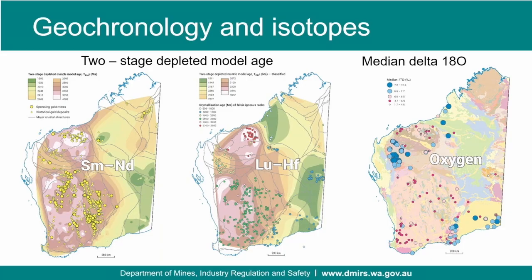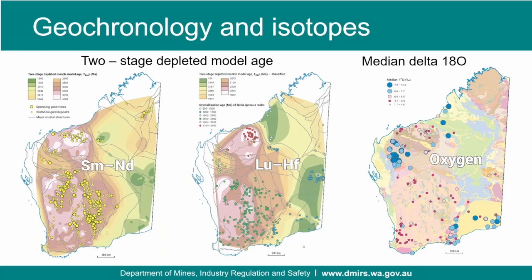So, for example, we used the neodymium and hafnium mapping to identify a similar isotopic composition for the basement beneath the Canning Basin. And this showed similarities to the signatures in the Musgraves, Madura province, and the Kumpana province. And those areas are shown in yellow and green on those images.